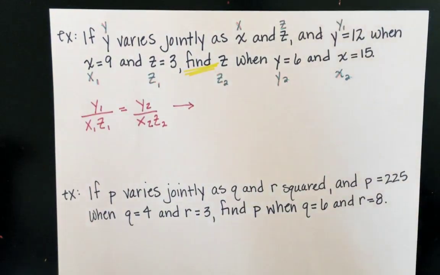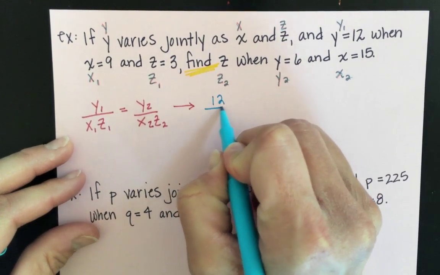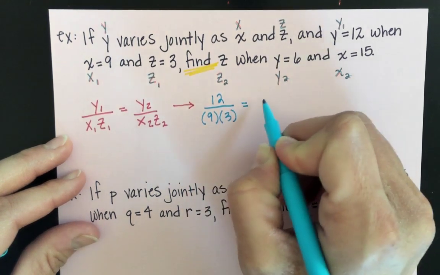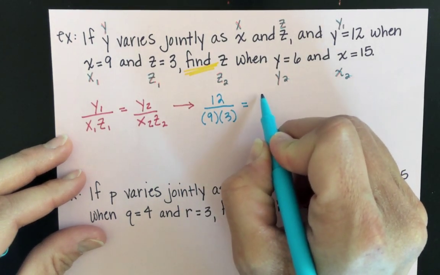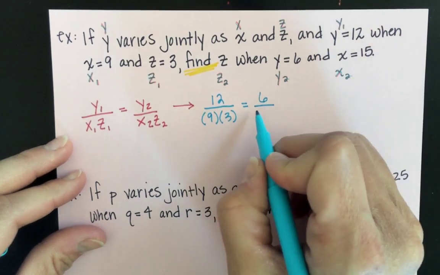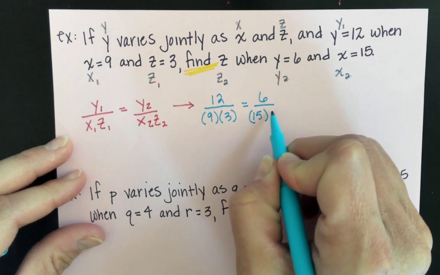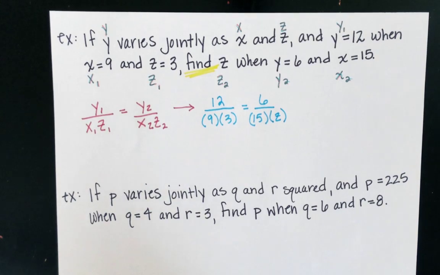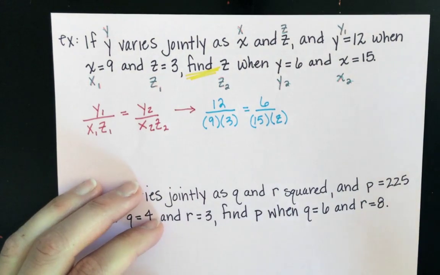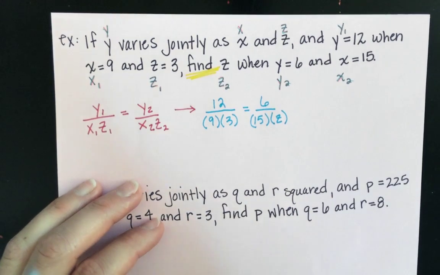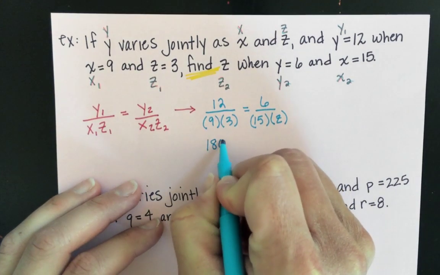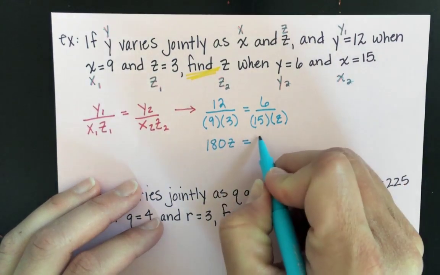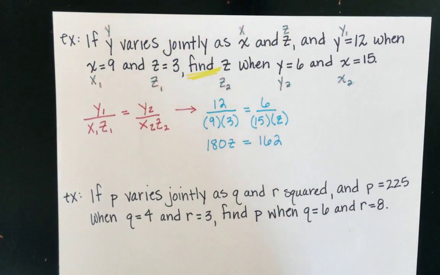And then we'll just fill everything in. So 12 over 9 times 3, and 6 over 15 times z. 12 times 15 is 180, so we end up with 180z equals 162.